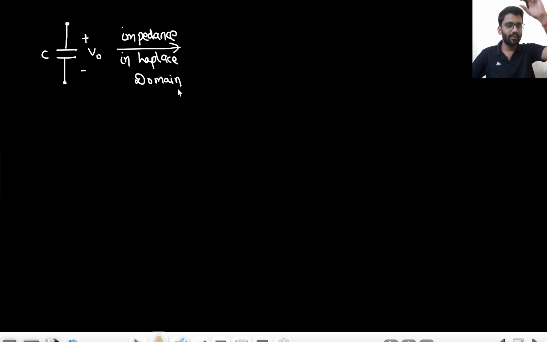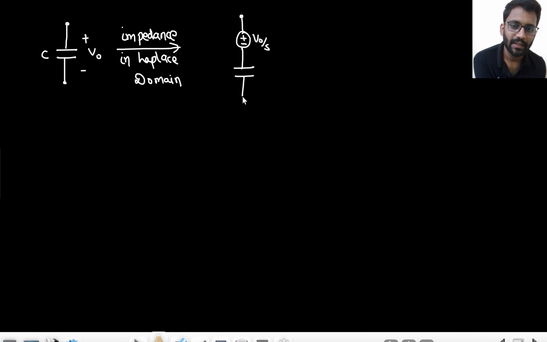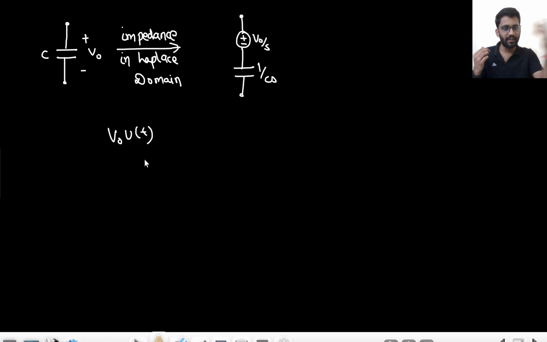You will first take out the voltage source and get its Laplace transform, and then just replace the capacitor with impedance 1 by CS in the Laplace domain. Take out the voltage and take the Laplace transform, that means V naught by S. It is just V naught, you can consider it as V naught into u(t), because we are talking about t greater than 0.